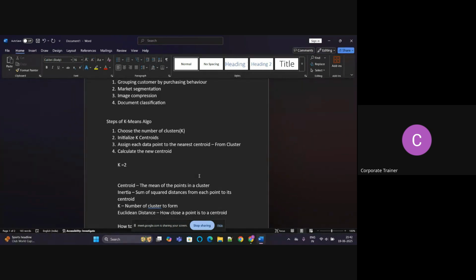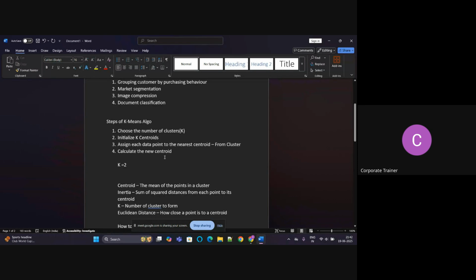Next, initialize the k centroids, that means randomly initialize some k centroids. Then assign each data point to the nearest centroid based on your diagram. Fourth is to calculate the new centroid.